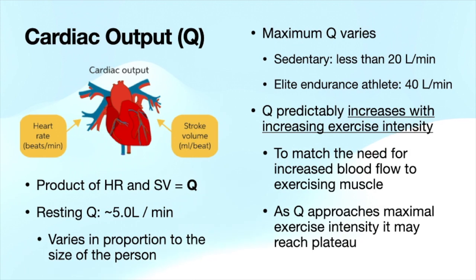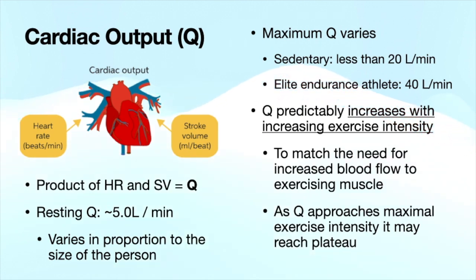VO2 max is the maximum amount of oxygen that individuals can utilize during intense or maximal exercise. So there's a limit to the amount of oxygen that an individual can use during maximal exercise, and that is VO2 max.